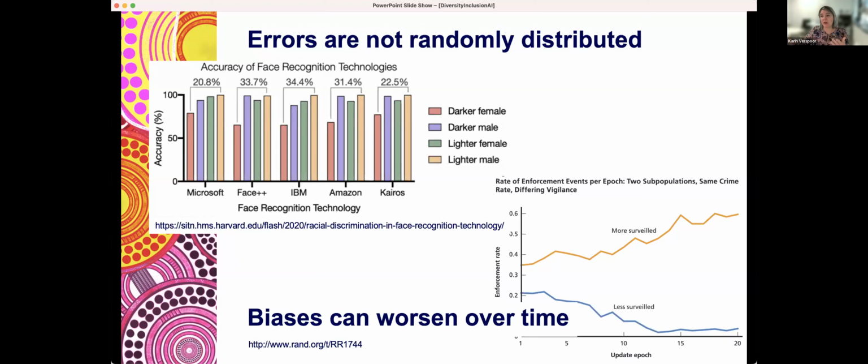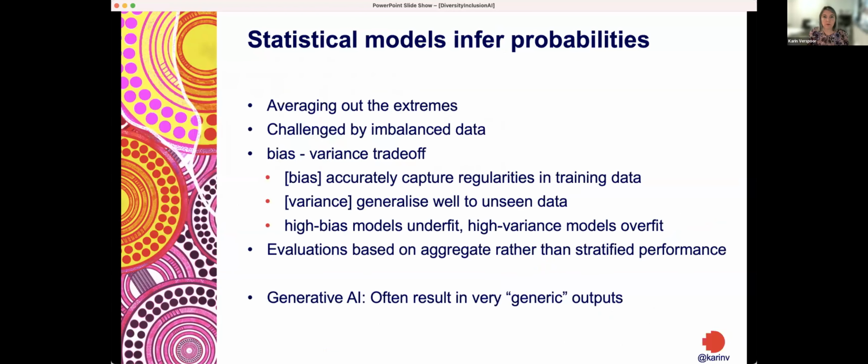And the more you surveil people, the more you find crime. So the difference between those populations was exacerbated over time because attention was being drawn to a certain population, and the use of the tool actually meant that we were detecting more problems in those populations. So there's a bit of a vicious cycle happening.